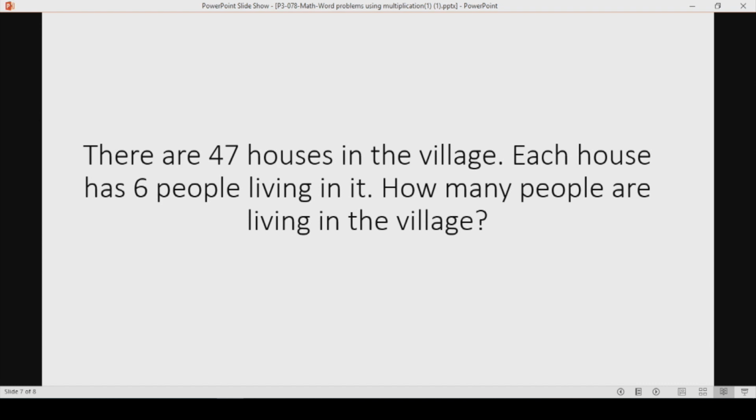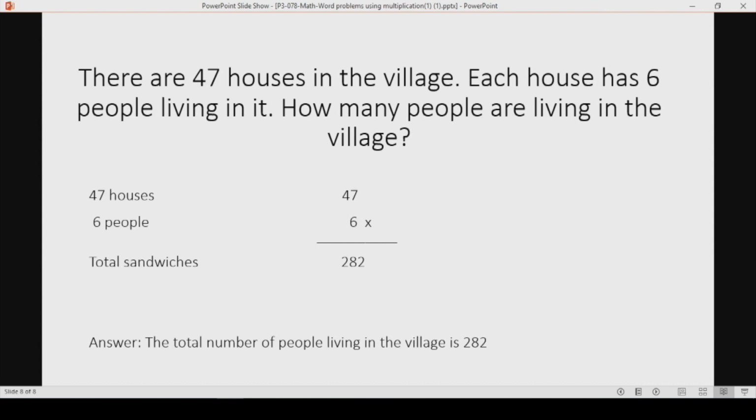Let's see if we're right. How many houses? 47. How many people in each house? 6. So 47 times 6 equals 282.